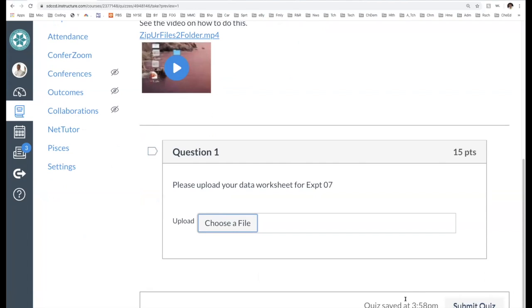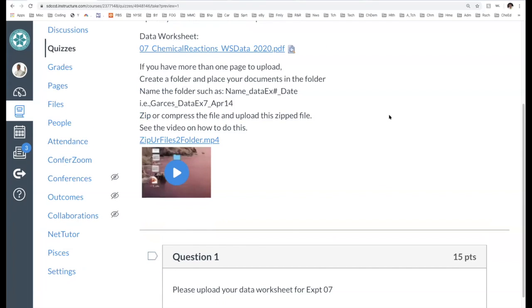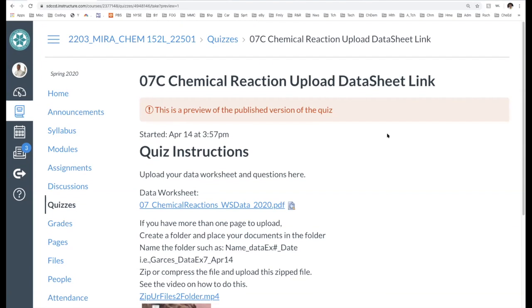When I receive it on my end, I will unzip it and look at the different pages in that folder. So that's your data and worksheet. If you need to be more detailed and put in a sheet of paper, please do so, and make sure that you give instructions on the previous page to indicate that it's continued on a separate piece of paper.